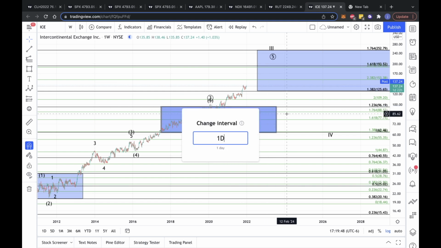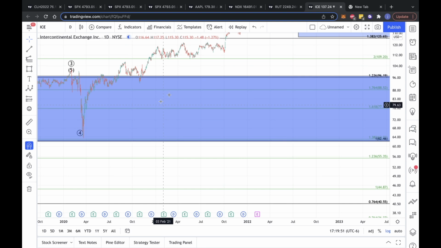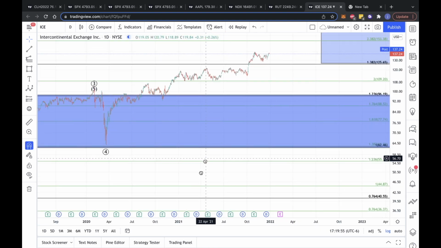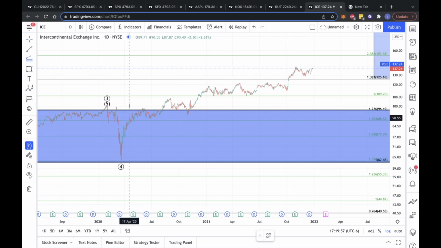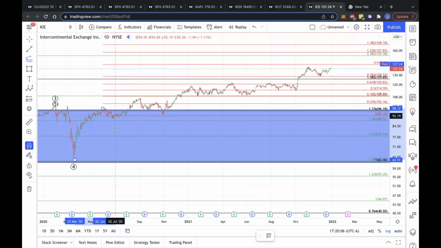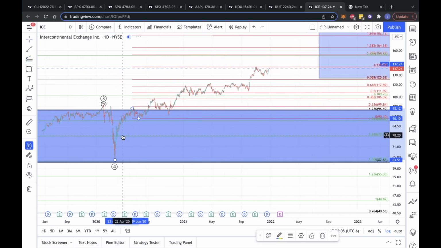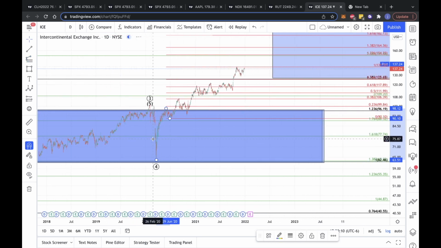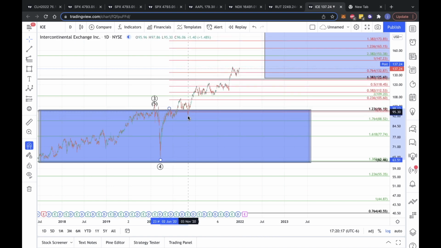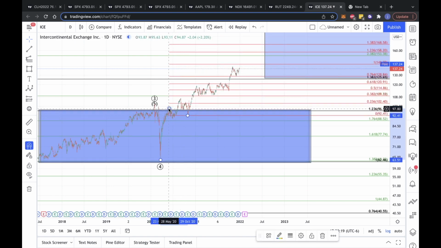And in terms of looking at the count off of the 2020 low, we can see here this possibility. We have a wave 1, actually this counts maybe better as the wave 1 here.